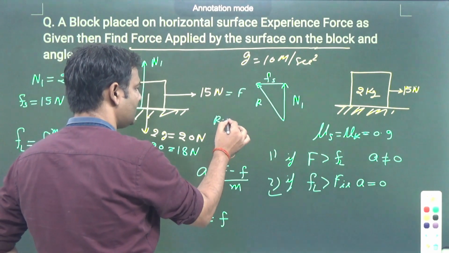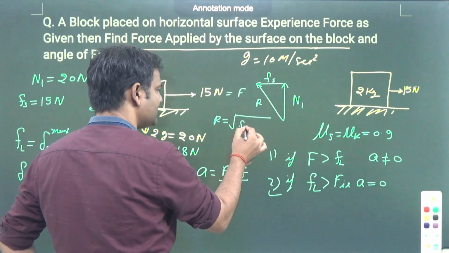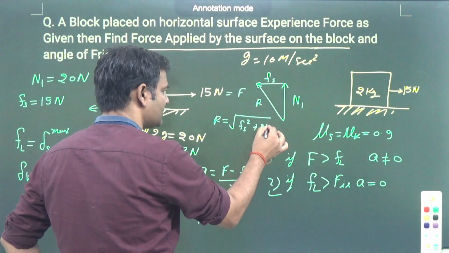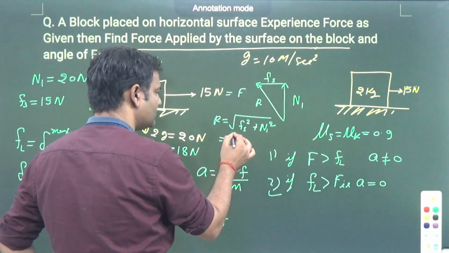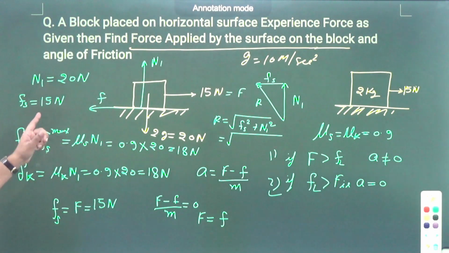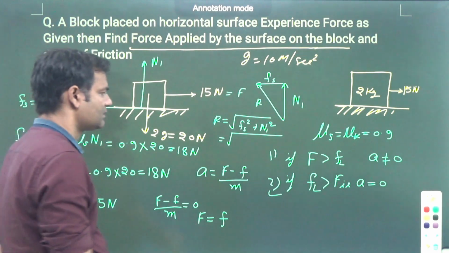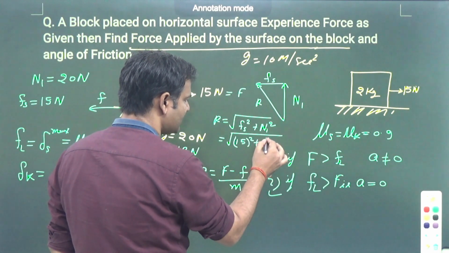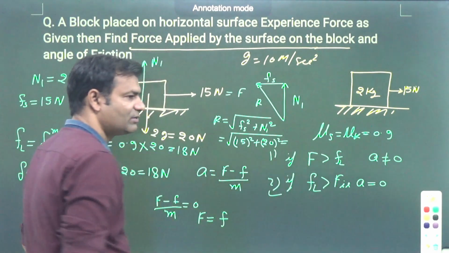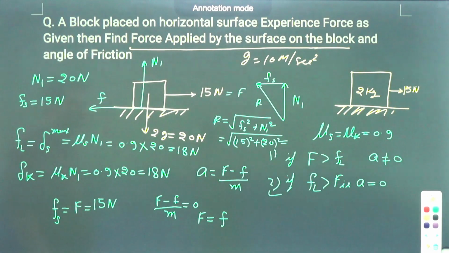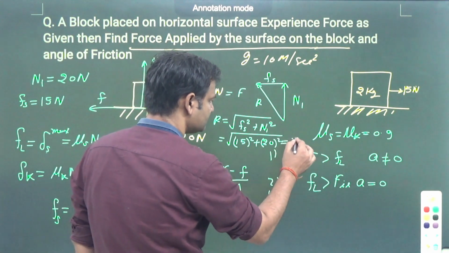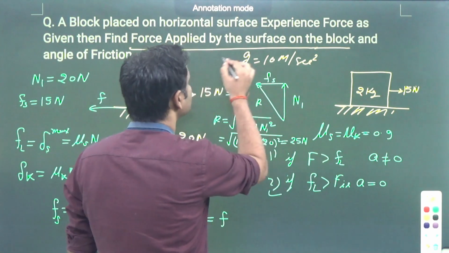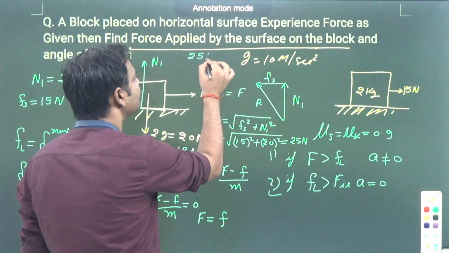So R is simply the square root of Fs squared plus N1 squared. Put in the values: Fs is 15 and N1 is 20, so 15 squared plus 20 squared. This is 25 Newton.